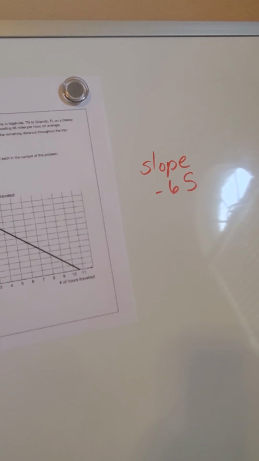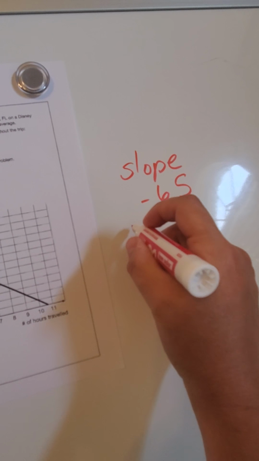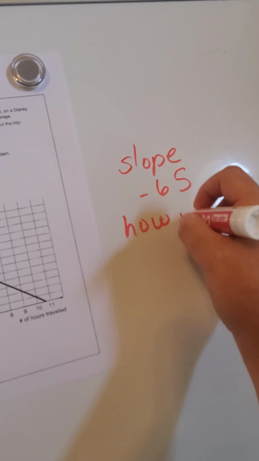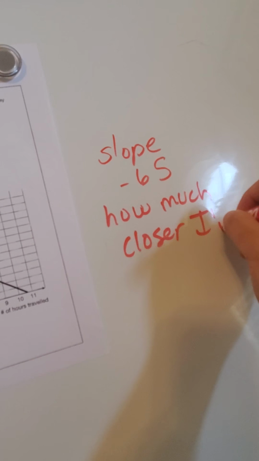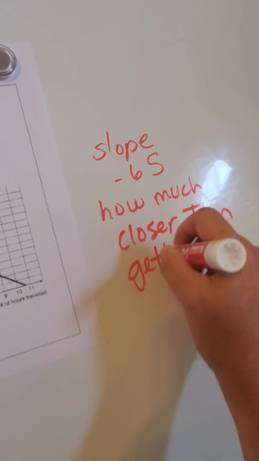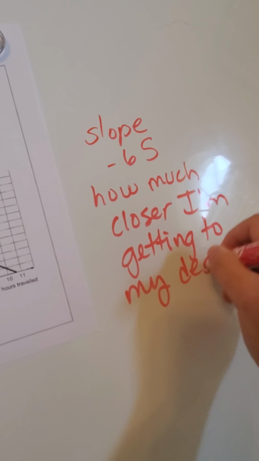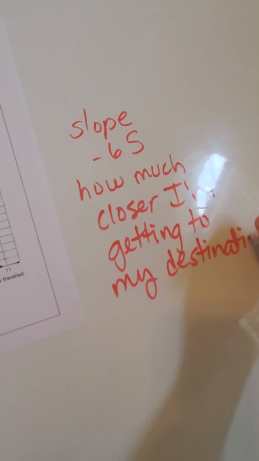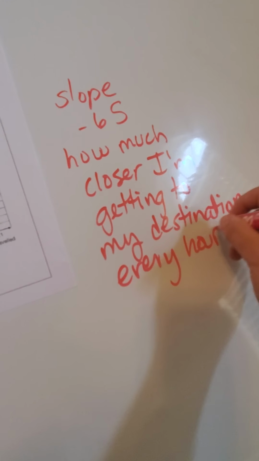If my slope is negative 65, then I know that represents how much closer I'm getting to my destination every hour.